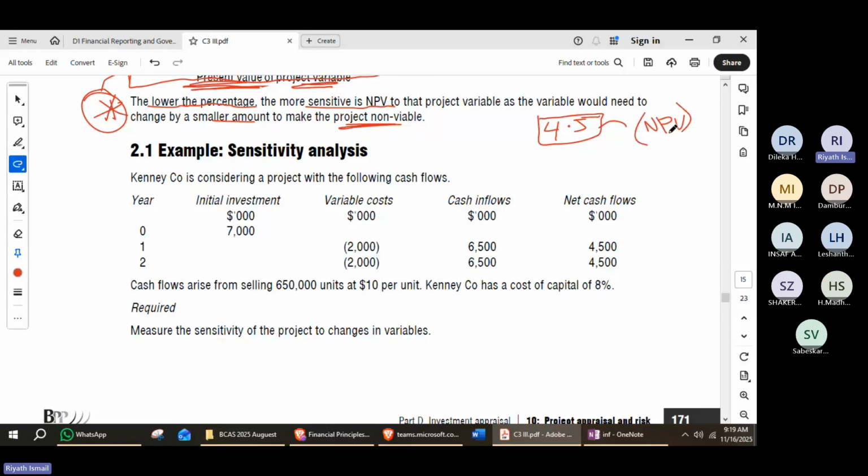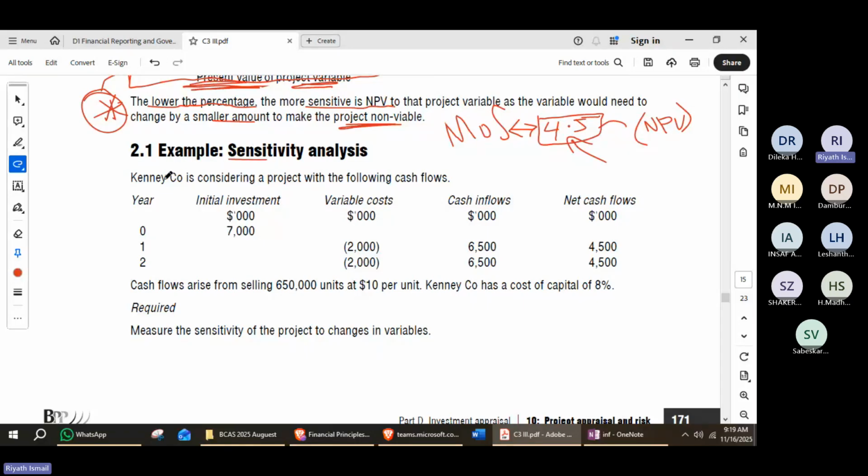It is like a margin of safety: we have to have a large margin, so sensitivity should be high. The low values are high risk.